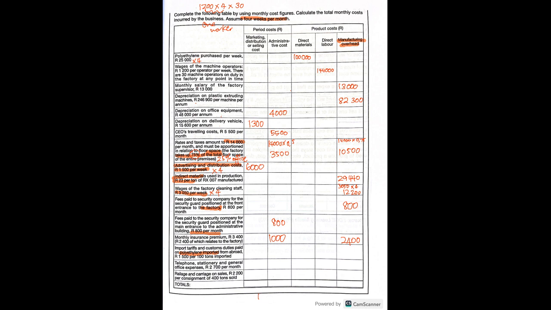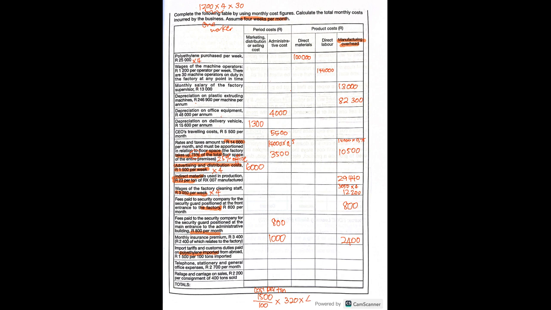If you divide 1,500 by 100 tons, this tells you the cost of your tons. So I'm going to write here on the top that this is cost per ton. This is the cost of 1 ton, but we are producing 320 tons. So you multiply that by 320, but this is on a weekly basis. And because these costs are calculated on a monthly basis, it will be times 4 further to that.